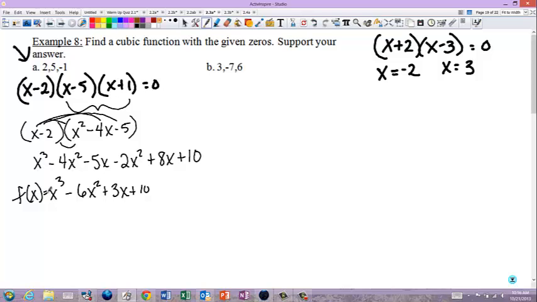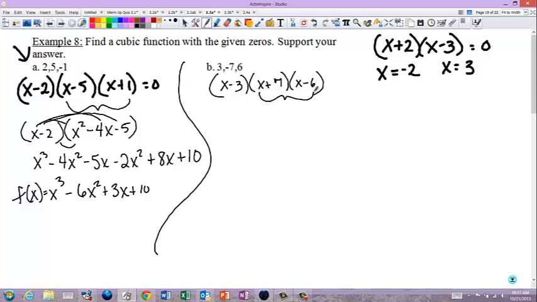The next one, I would have 3 become x minus 3, x plus 7, and x minus 6. I'm just going to FOIL the second two first. So x squared minus 6x plus 7x minus 42. So that's x squared plus 1x minus 42. Bring down my x minus 3, and now I'm going to distribute it through.